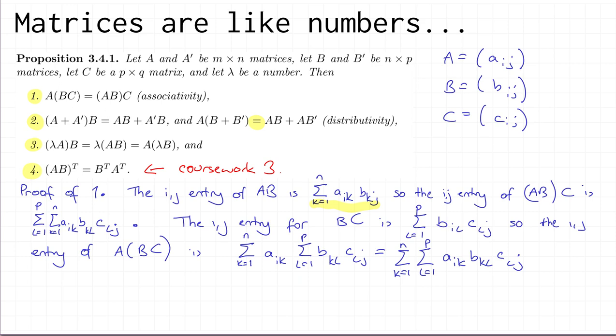It's very nearly what we got before, but it's not quite the same. So the things that we're adding up are the same both times. You've got AIK, BKL, CLJ multiplied together both times. The only difference is the summations. So here you've got the K summation and then the L summation. And here you've got the L summation and then the K summation. But that doesn't matter because you're just getting the same terms in a different order.